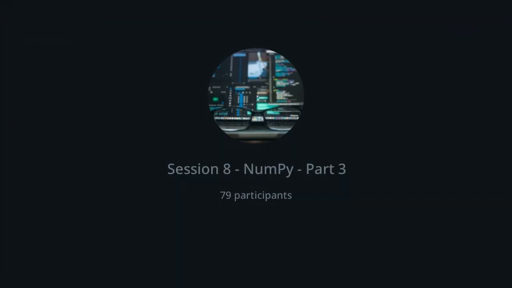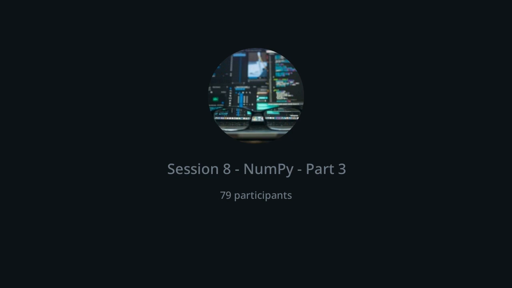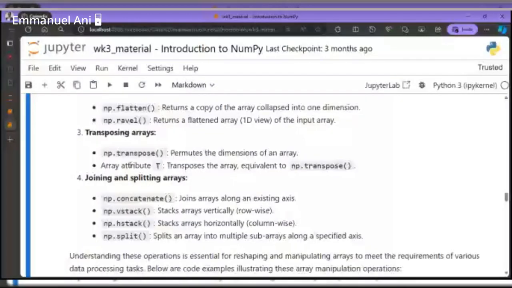If you are transposing something, you are basically flipping it. We are going to see how we can do that. You have two ways to do it. You can use the np.transpose function, or you can directly use the syntax that we're going to look at. So these are the two ways you can transpose your arrays.